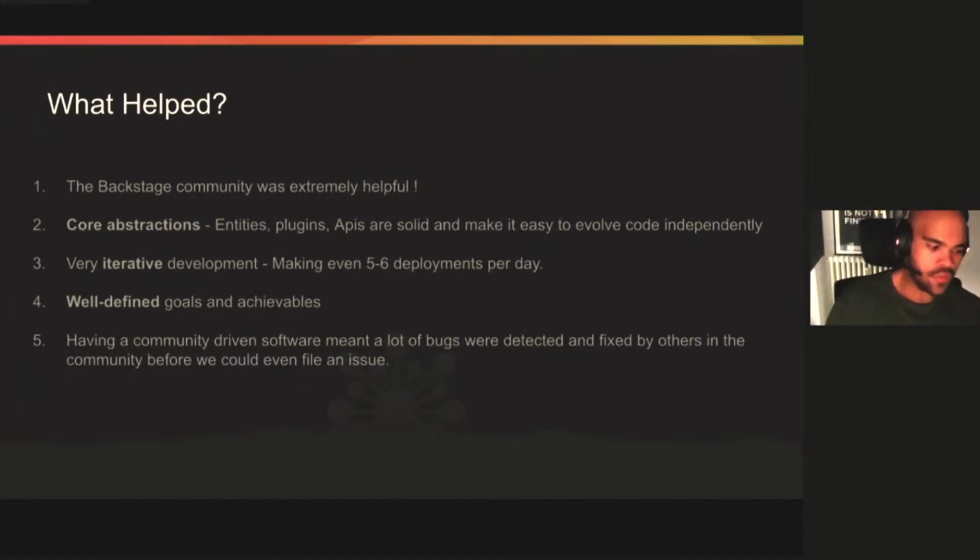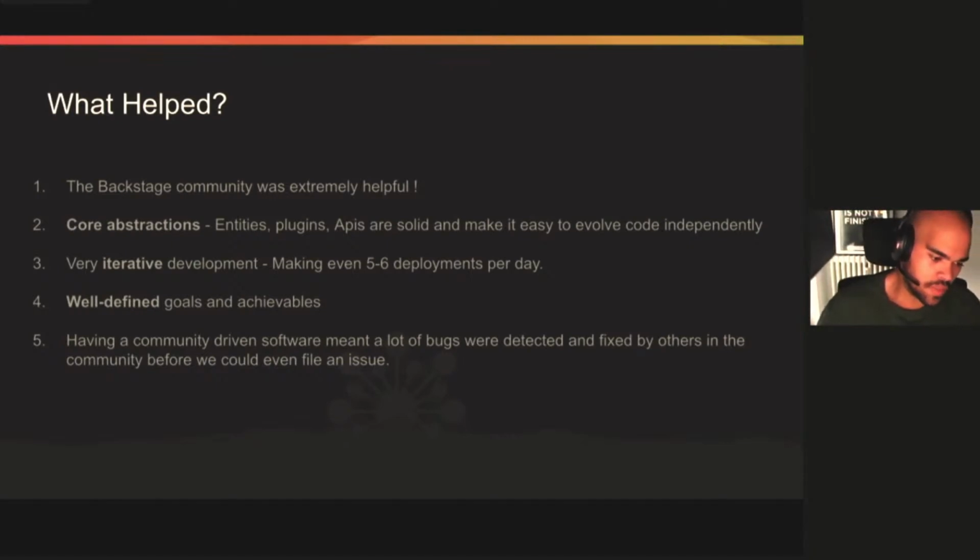Backstage community was extremely helpful. Whenever we needed support, whenever we had questions, whenever things were not working, whenever we didn't know where to start, the community was really supportive and helpful. And I really appreciate that. So that's why I put that first on what helped.